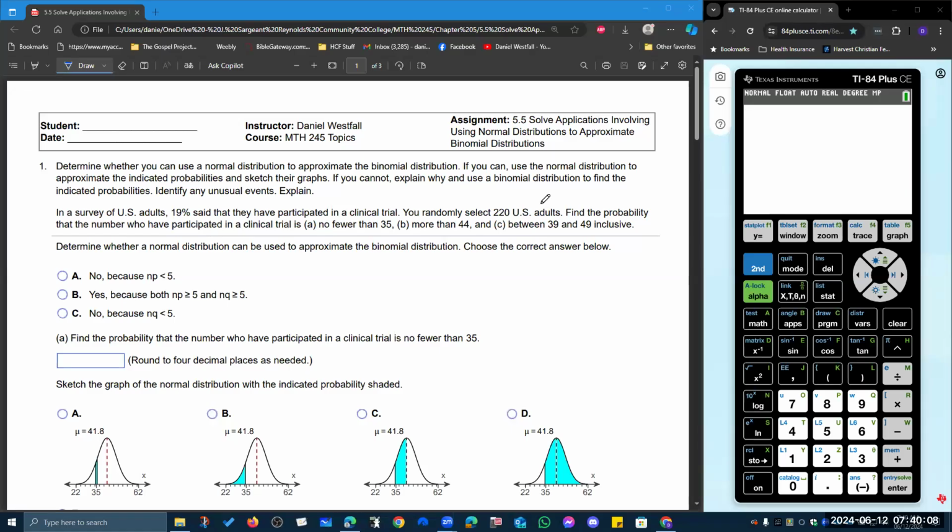In this video, we're going to solve applications involving using normal distributions to approximate binomial distributions. We talked a little bit about the continuity correction factor last time, which we'll need to use this time.